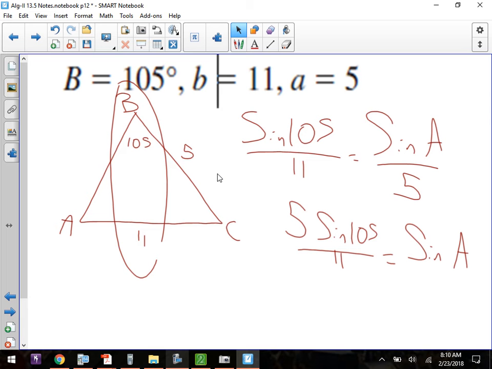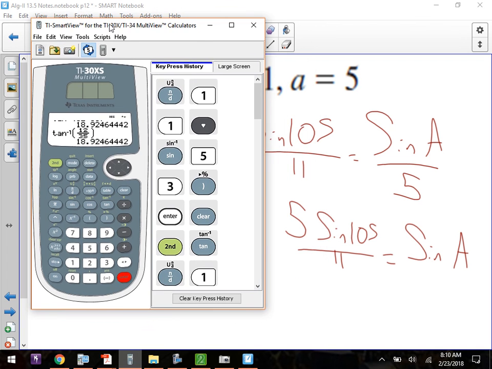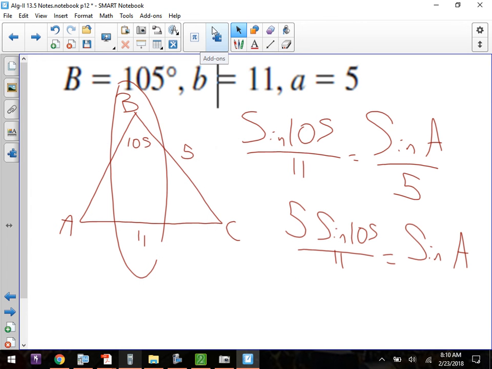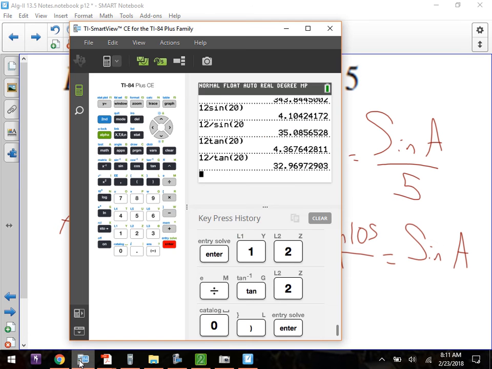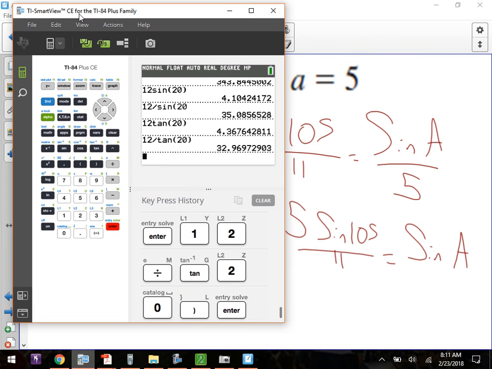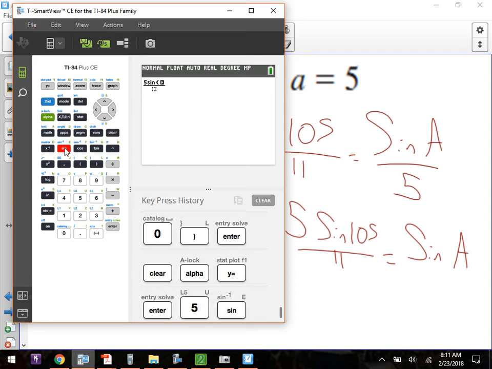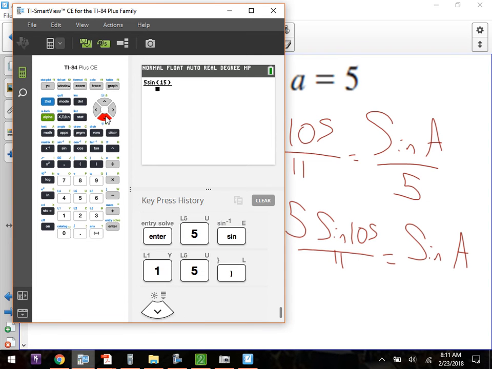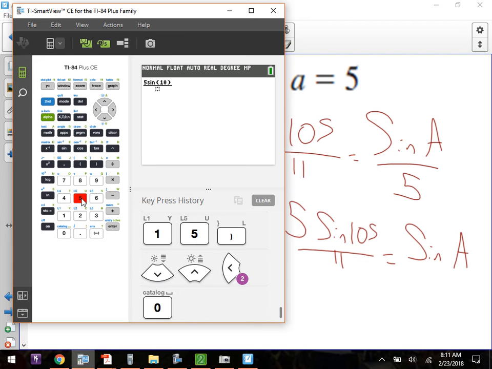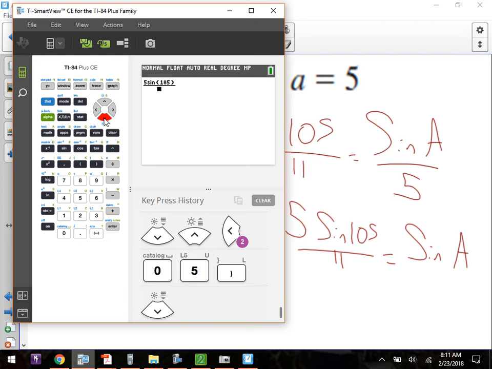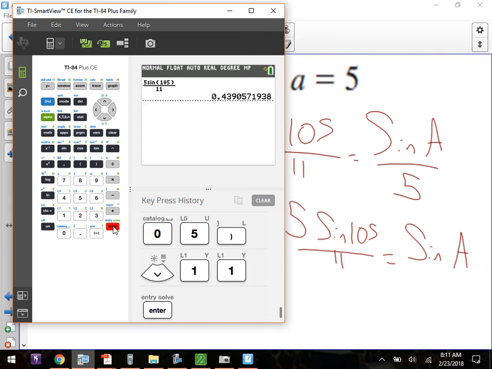Now, here's the way that I would do this. In my calculator, I would type in 5 sine 105, and then over 11, hit enter.